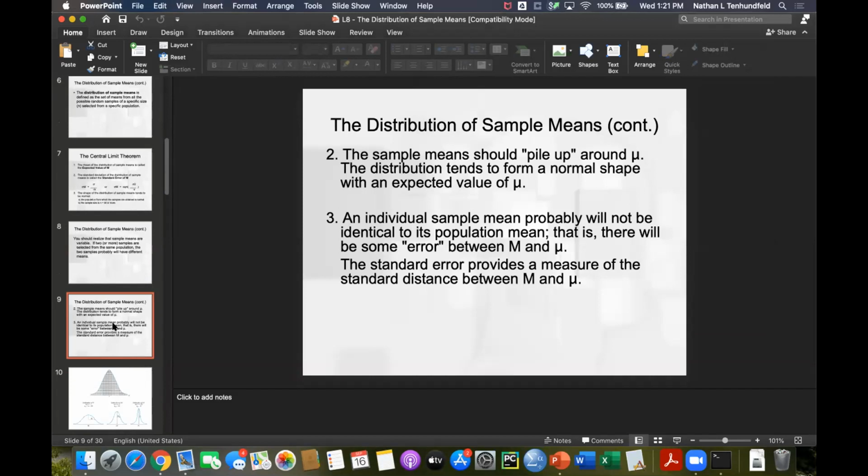However, with getting enough samples, those means should, quote unquote, pile up around the population mean. That distribution is going to form, at least usually, a normal distribution with an expected value of that population mean.